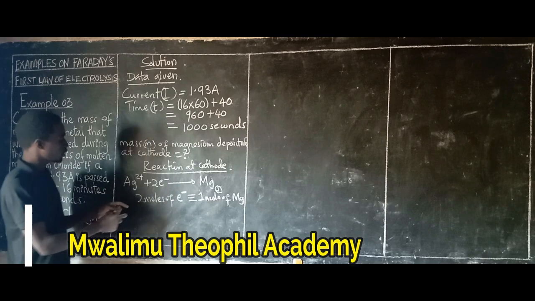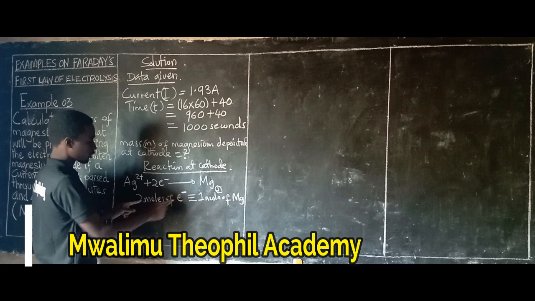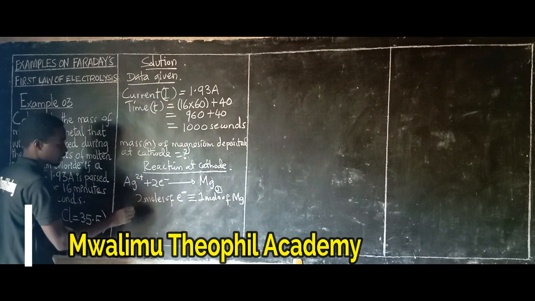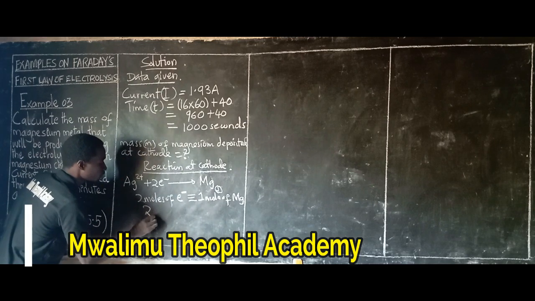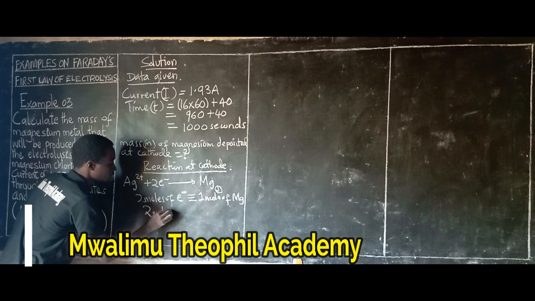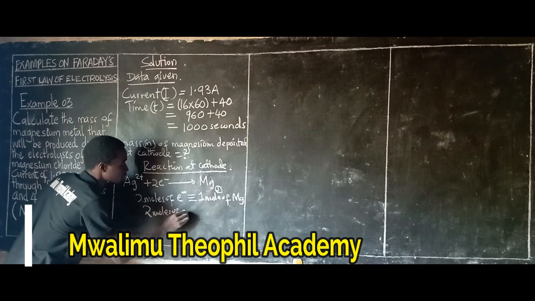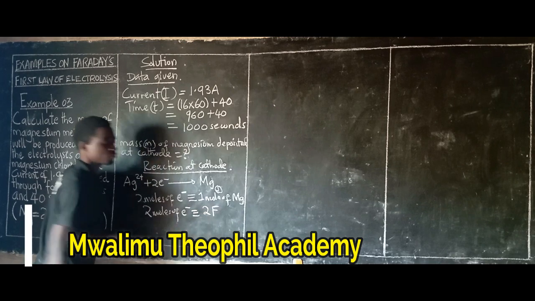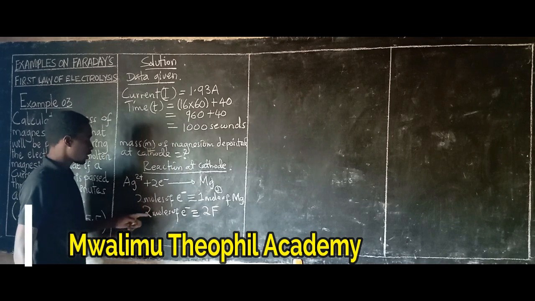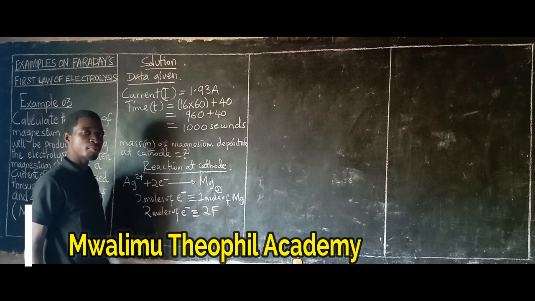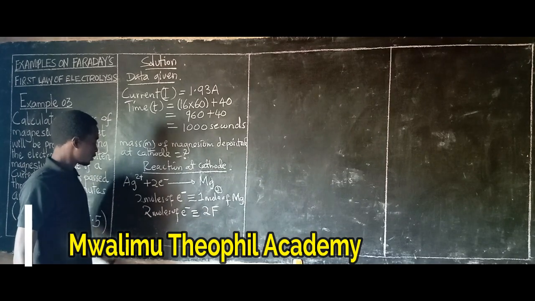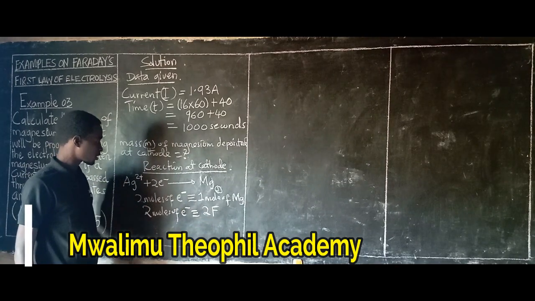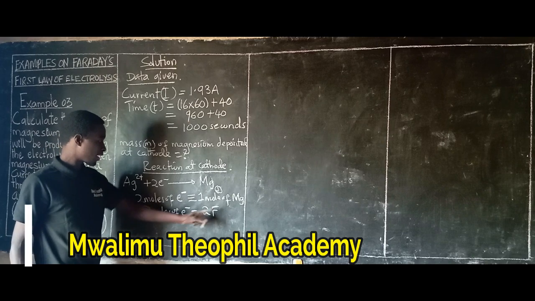So here we are going to convert these 2 moles of electrons into charge. So here we say that 2 moles of electrons are equivalent to 2 Faradays. This is true, that the number of moles are equivalent to the number of Faradays. So instead of writing 2 moles of electrons, I'm going to write 2 Faradays.